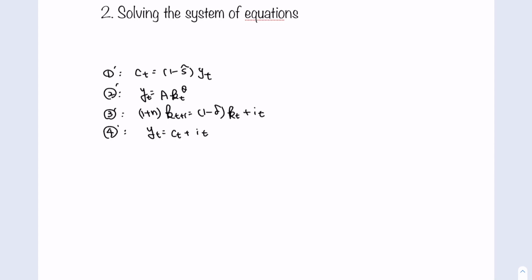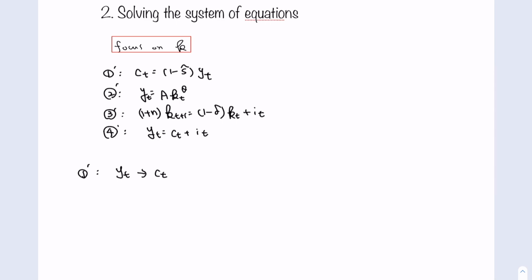When solving this system of equations, I want to argue that we can simply focus on the capital stock, because once we know the capital stock for each period, then we know the values of all the other variables in the same period. Let's see why that is the case. Let's look at the first equation.